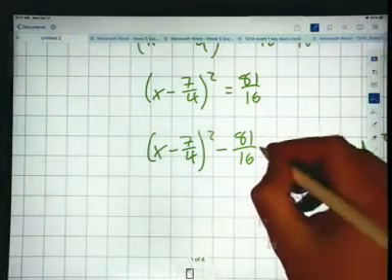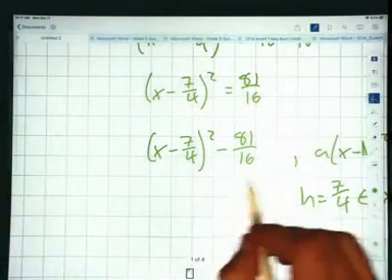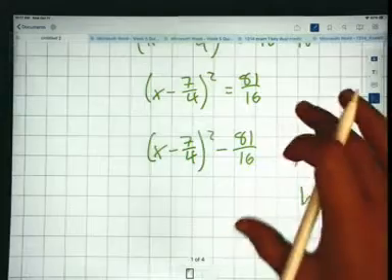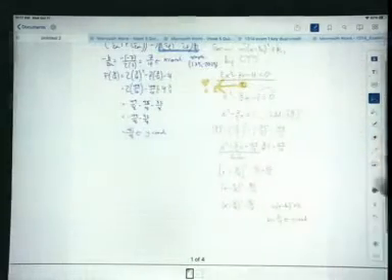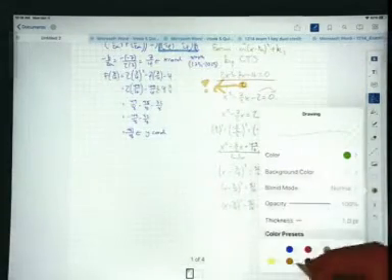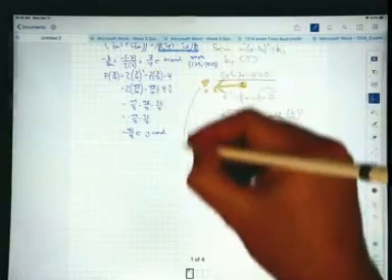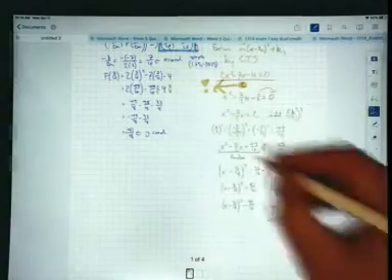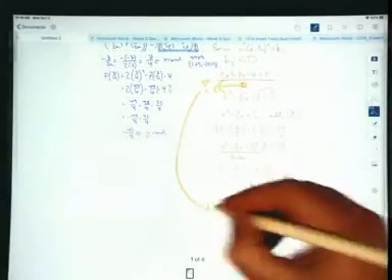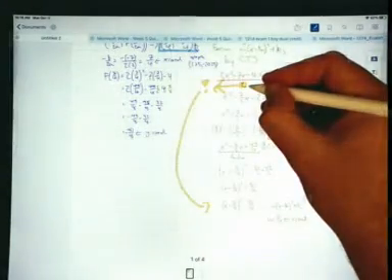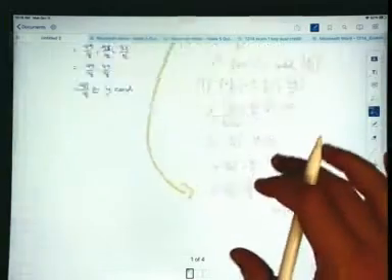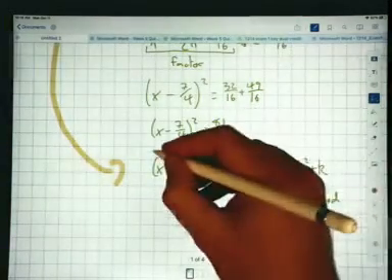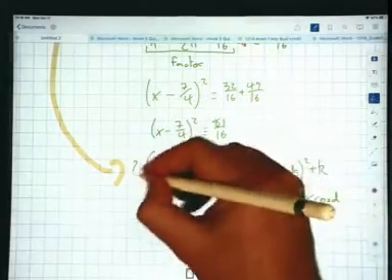How do you fix this? Because we obviously have a discrepancy between our y coordinates. This is where you've got to remember what you did. You divided by 2, so we have to undo that division by 2. Since we divided by 2, we now have to multiply by 2.